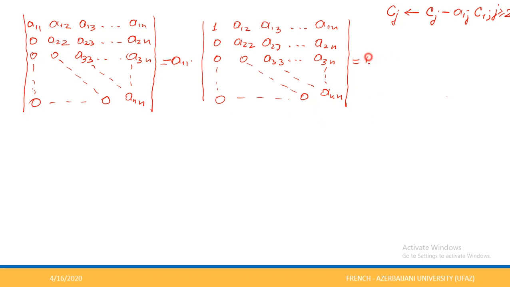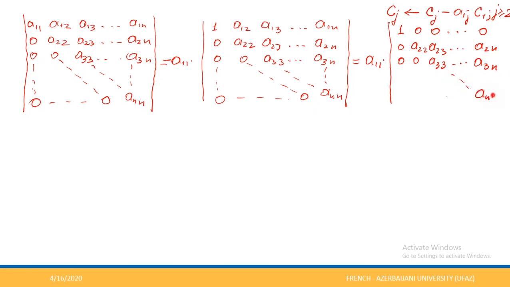Because of this we can write a11 times the determinant of 1, 0, 0, 0, 0, a22, a23, a2n, 0, 0, a33, a3n. Diagonal elements will be 1, a22, a33, and ann.